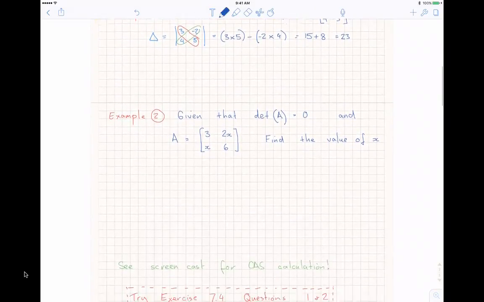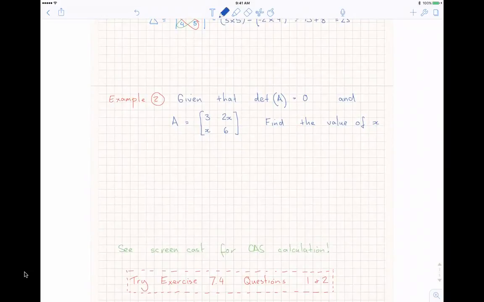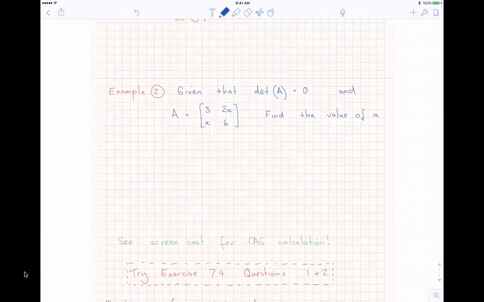So a second example here. Given that the determinant of A is 0, and that we have the original matrix A equals 3, 2x, x, 6, we need to find the value of x. So we use the information that's given.